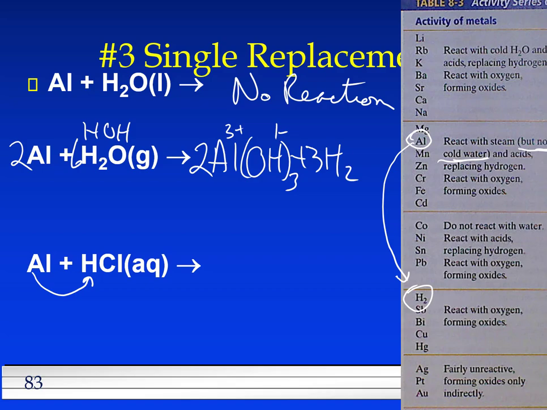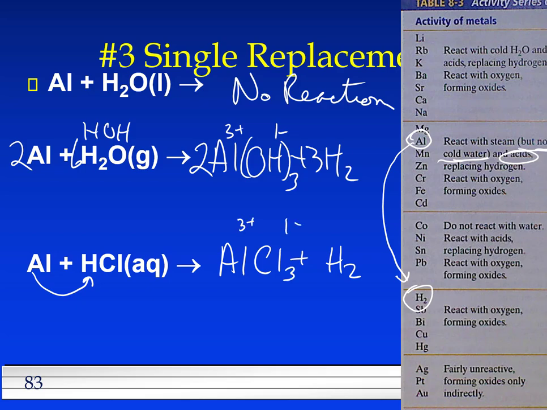That's hydrochloric acid, right? It works with acids. It says acids right there. So it's going to work. So the aluminum is going to end up next to the chloride, and the hydrogen is going to be by itself. Can hydrogen be by itself? No. Al is 3 plus, Cl is 1 minus, so it's AlCl3.